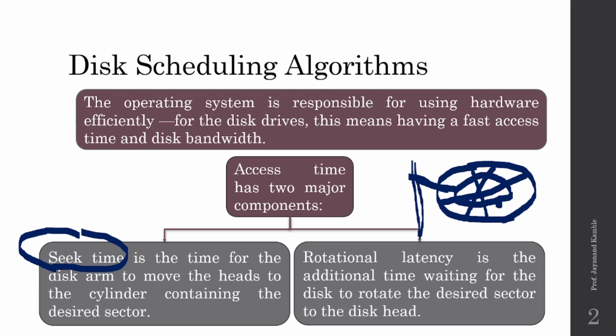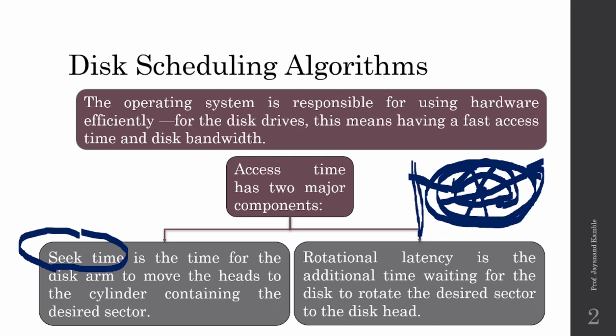And what is rotational latency? That is the additional time waiting for the disk to rotate. Now this disk keeps rotating in a circular fashion, right? There is actually a spindle across which the disk rotates. Now data is here, so the disk has to rotate in this fashion to bring this sector below the disk arm.